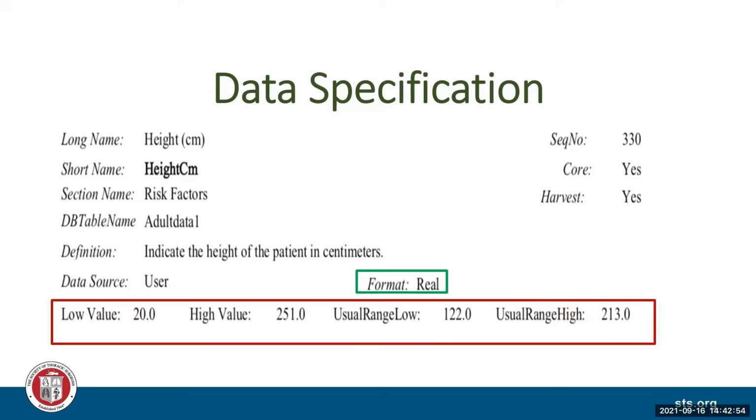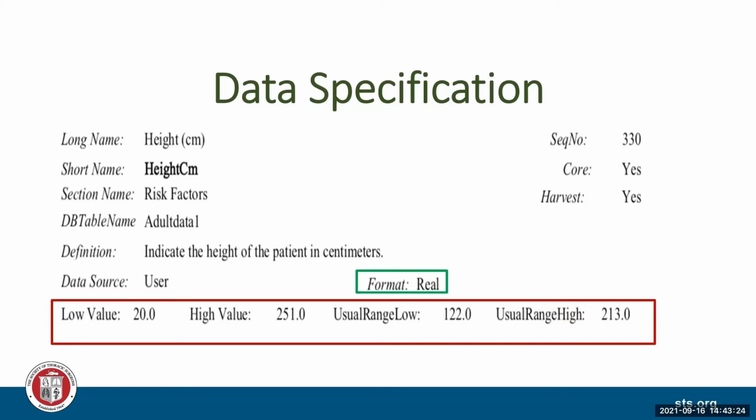Are you sure you want to enter this? And you just check your data and you enter 214, which is how tall the patient is, and you say, yes, I want to put that in. Okay, so the usual low range and the usual high range are just kind of like warnings. You can kind of ignore them in a way, check your data, make sure you entered it correctly, but then go on with your business.